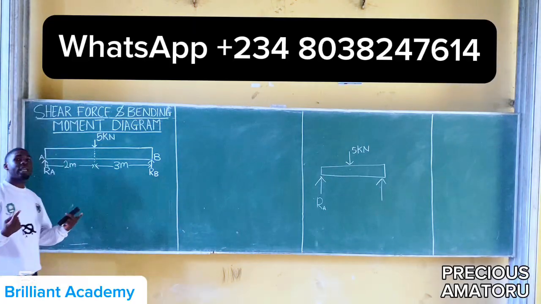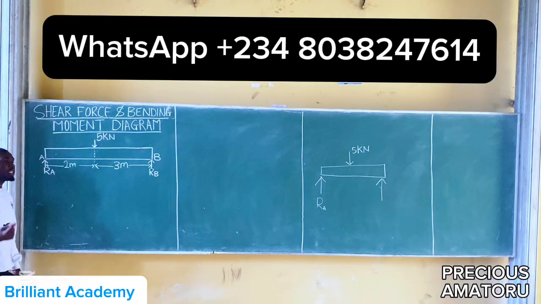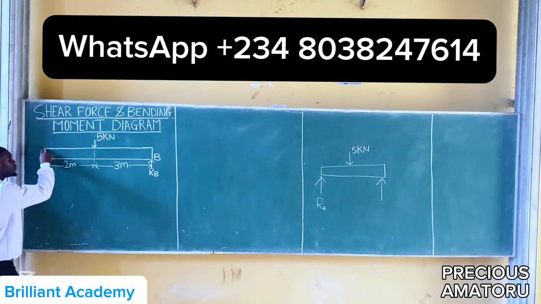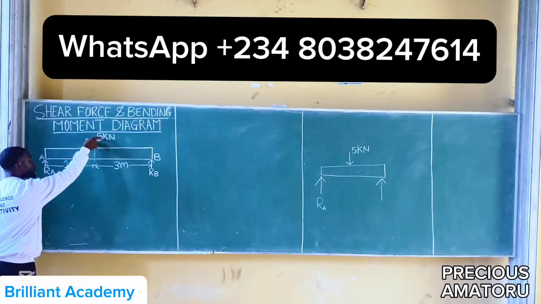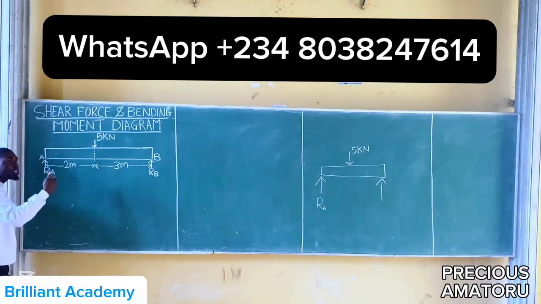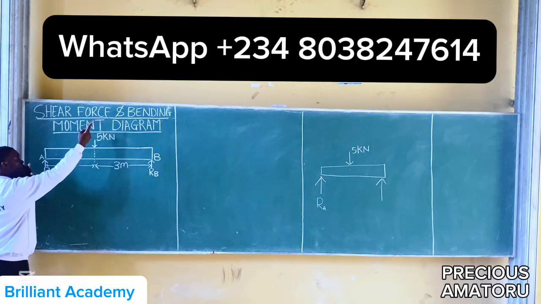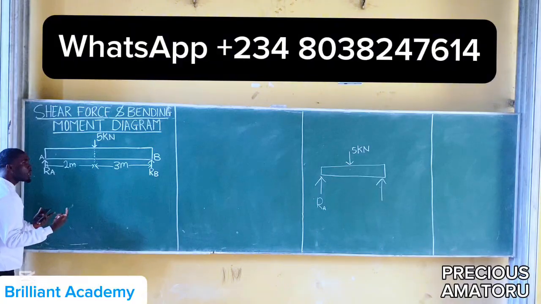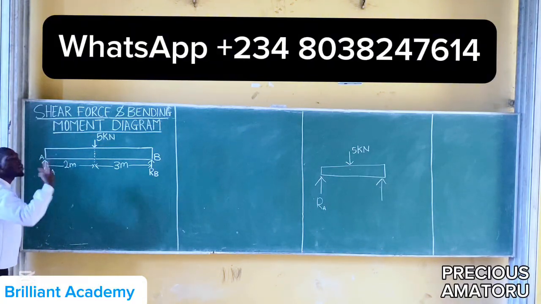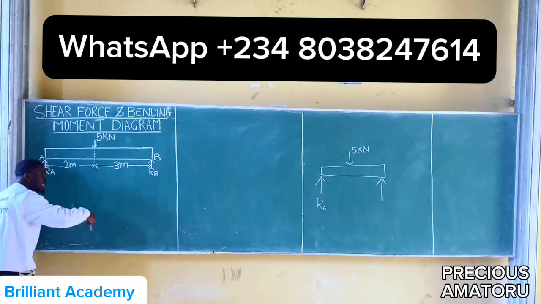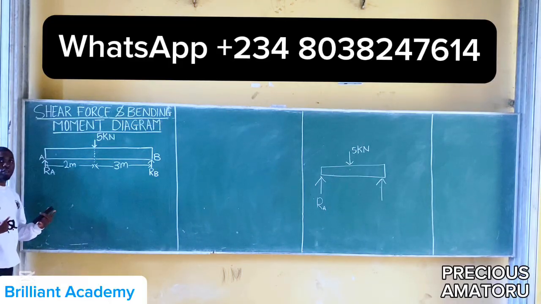So the core idea here is that since the beam is in equilibrium, it means that the forces acting downward are equal to the forces acting upward. So if we sum the forces that are acting upward, it must be equal to the forces acting downward. So that's the key concept here.